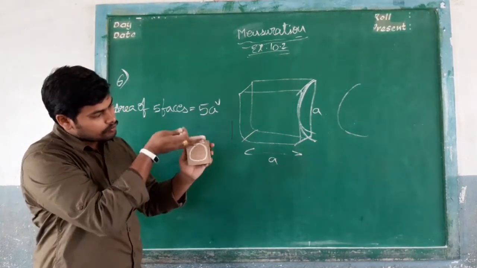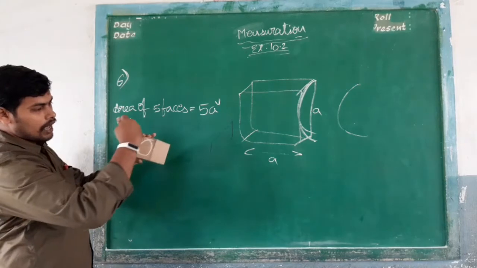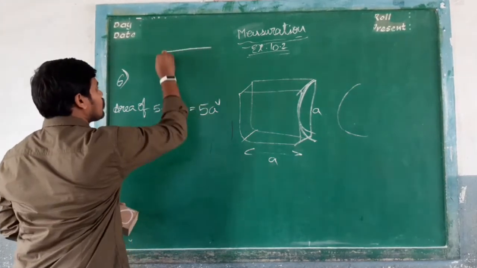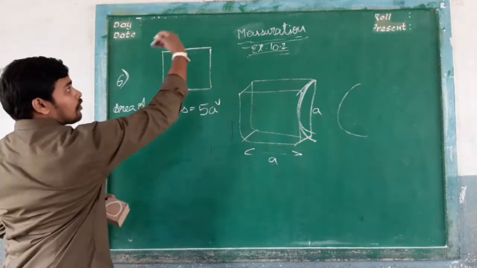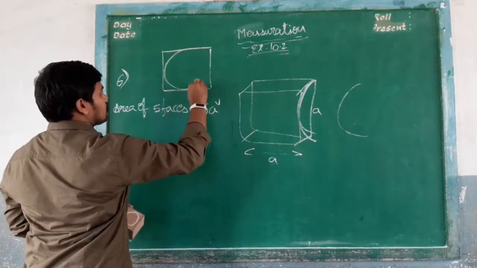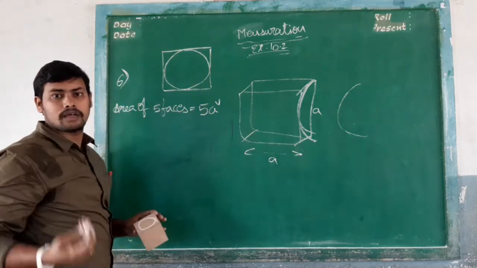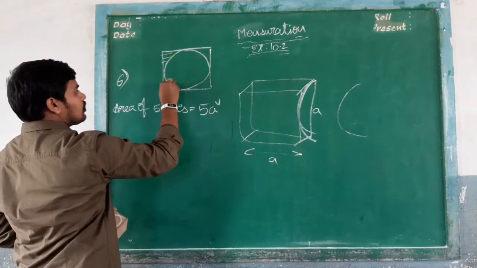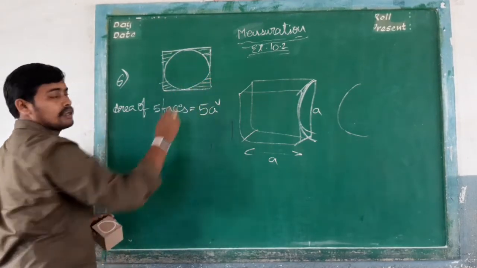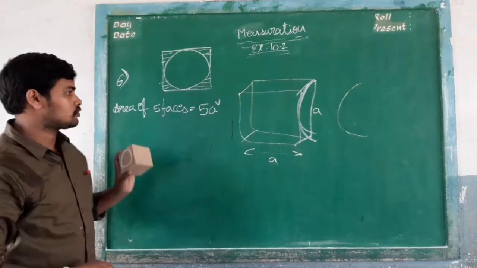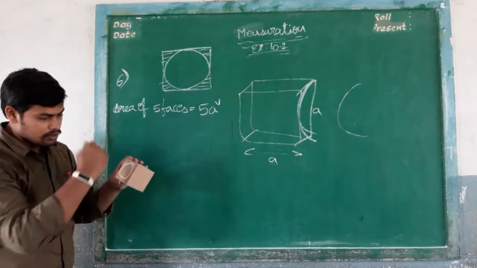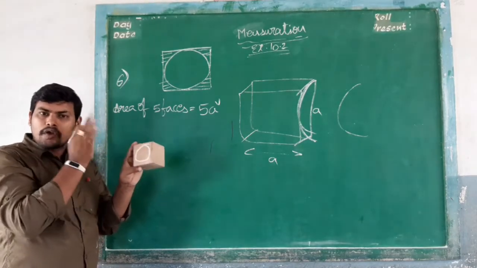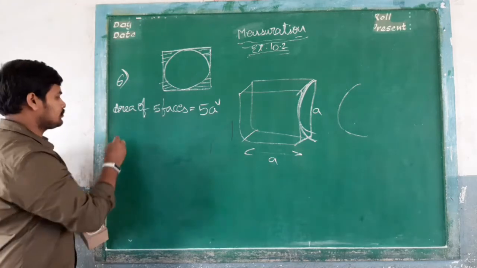Now the remaining part is important. I have to scoop it like this, taking the hemisphere like this. So this is the surface left here. First of all, there is the shape of a hemisphere, so you have to calculate the lateral surface area of the hemisphere.